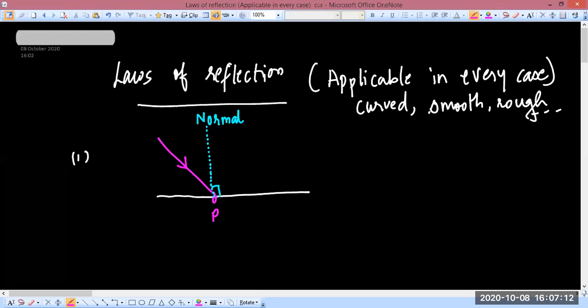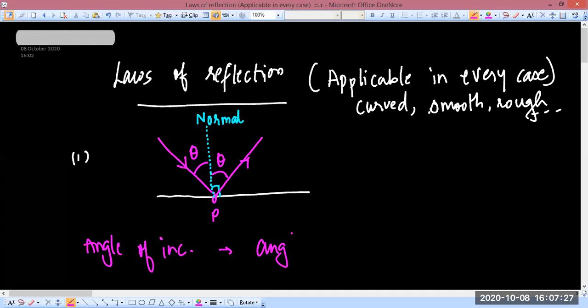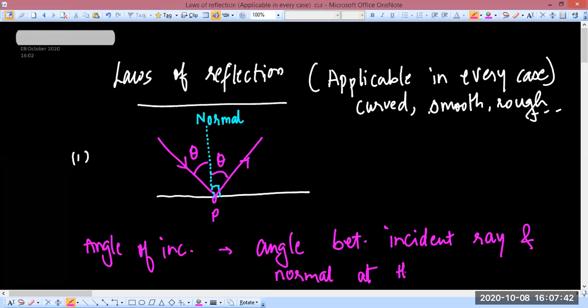Then the reflected ray will go away such that the angle of incidence and the angle of reflection are equal. Angle of incidence means the angle between the incident ray, the one that falls, and the normal at the point of incidence.